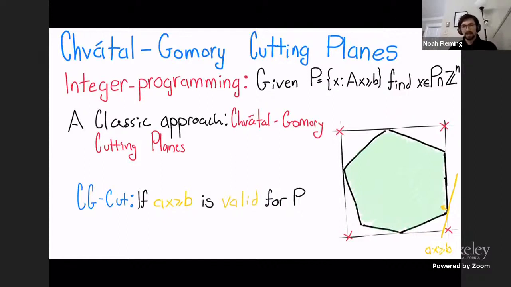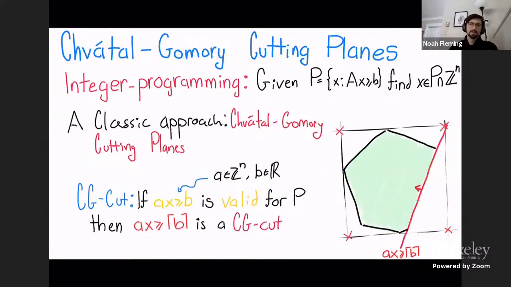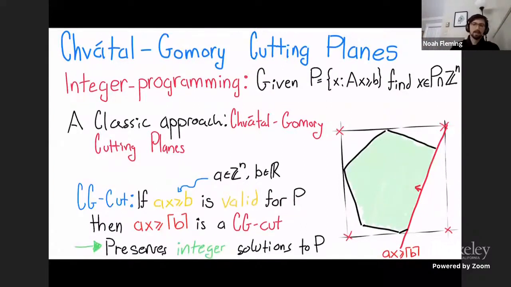Given a valid half space where A is integer, but B can be any real number, a CG cut from this half space is obtained by taking the ceiling of the right-hand side. So what does this do? Well, you can see it in the picture here. It shifts the valid half space inward. So it cuts out some of the non-integer points in the polytope, but it preserves all of the integer points. And this is just because A is integral.